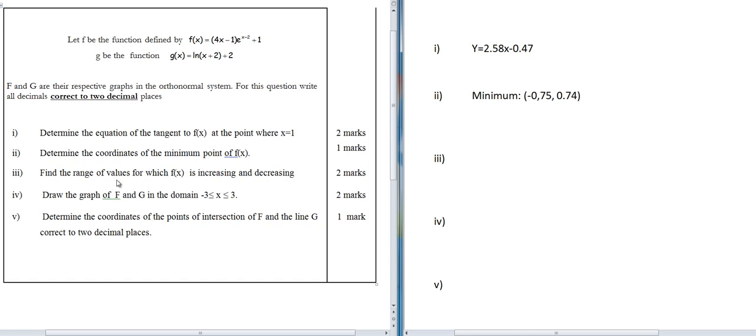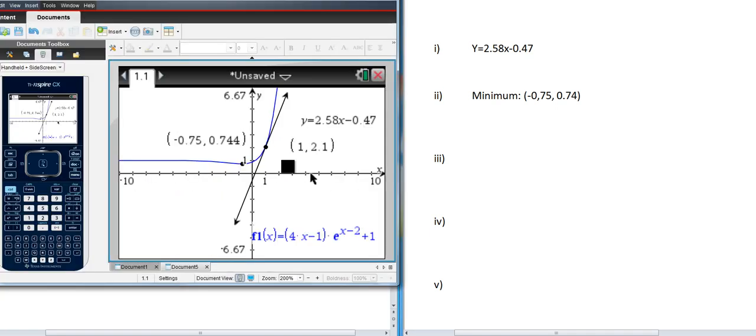Number 3, find the range of values for which f(x) is increasing and decreasing. Okay, so when f(x), or the y value, is going down, the function is going down, the y value is smaller, and when it's going up, it's larger.